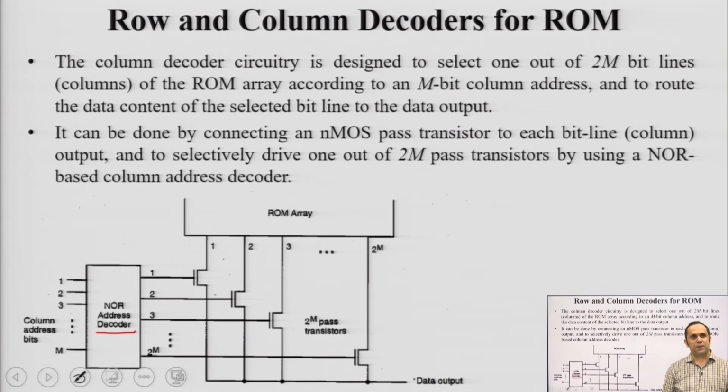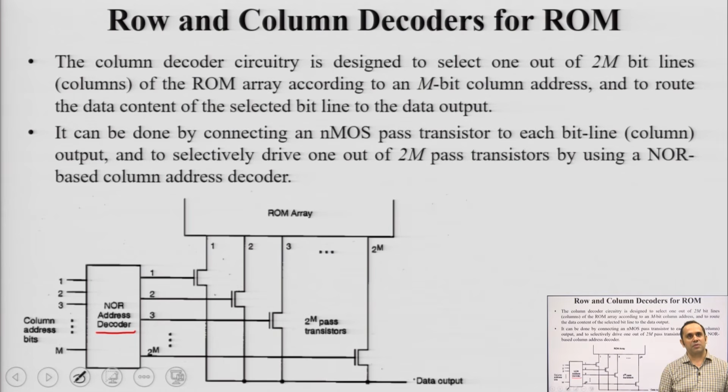So, whenever a particular output of the column address decoder goes high, that particular pass transistor is turned on, and you activate that bit line. And when you connect both the row and column address decoders together, you can isolate a particular intersection of a row and a column, and that particular cell is what you want to read.